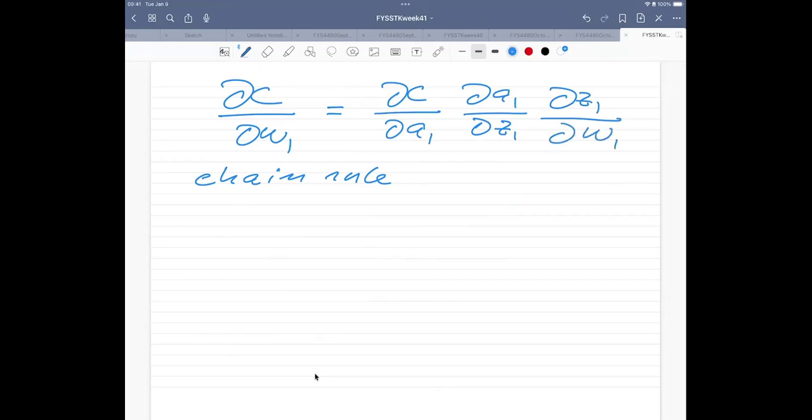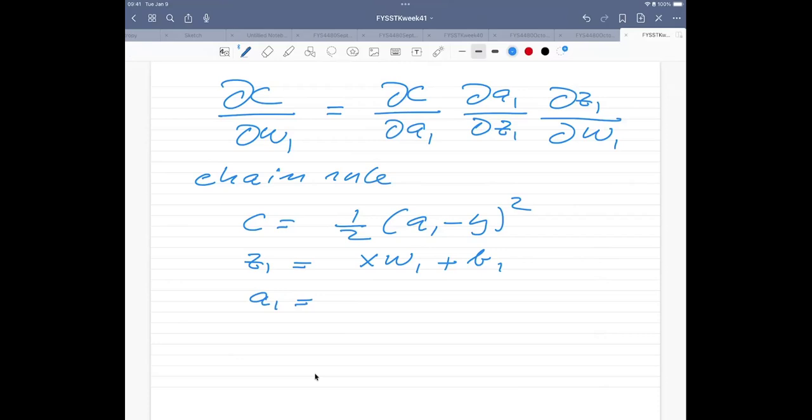Keep in mind that C was given by 1/2 of (A1 minus Y) squared. This Z1 is the one which now depends on the parameters W, so it is given by X times W1 plus B1. And then A1 is given by the function sigma 1 of Z1.